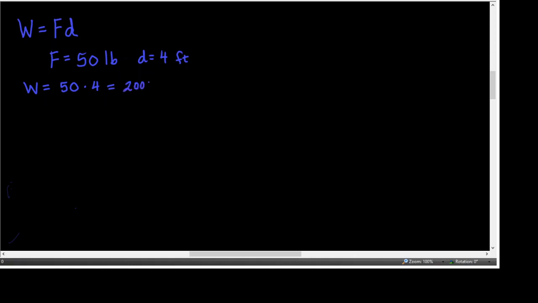And the units for this answer for work is in something called foot-pounds. So that's just a simple physics level question, and it's very easy and not so hard to understand.